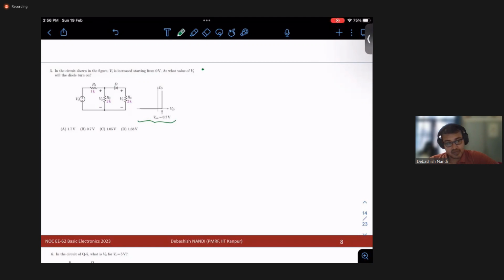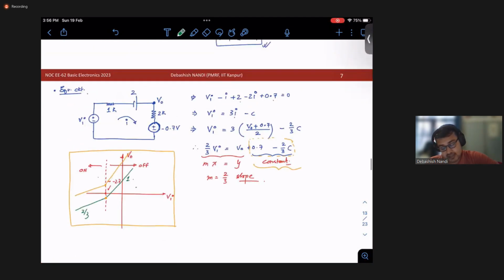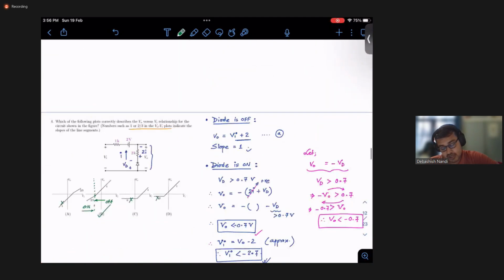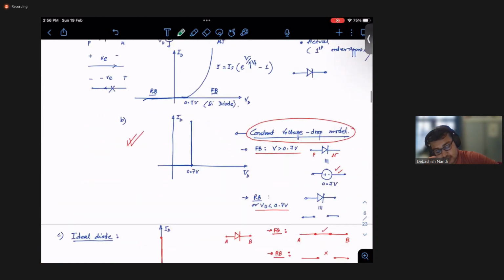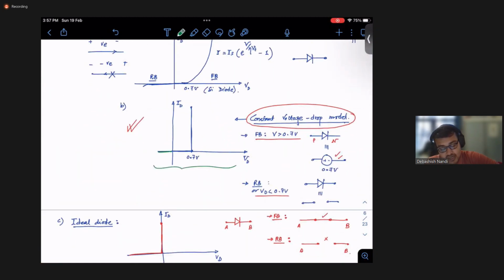I think I have just mentioned at the starting, right? This is the constant voltage drop model. This one. See, it's the same thing. At the instant when you have 0.7 volt, your diode starts to conduct. It's in the forward bias, right? It's in the forward bias and it's on basically.